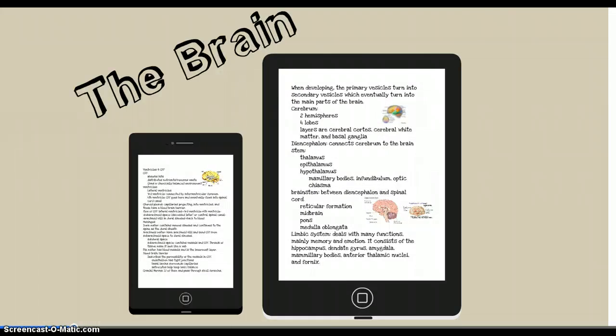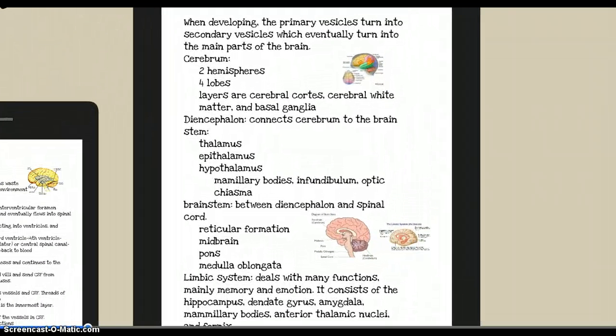So I want to immediately start with the brain. So when developing the brain, the brain has primary vesicles, and these are the prosencephalon, the mesencephalon, and the rhombencephalon. These will eventually form into secondary vesicles, which will form into the adult brain structures.